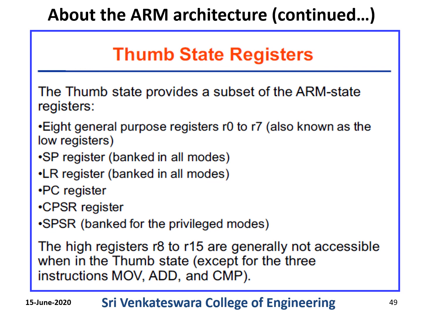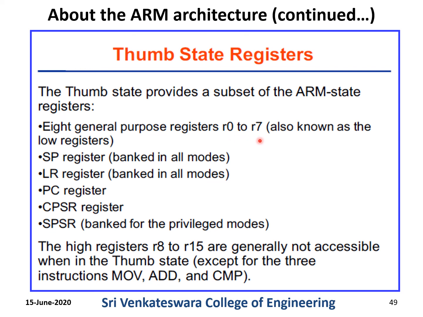Now let us see some additional information about thumb state registers. Thumb state provides a subset of ARM state registers. Here the 8 general purpose registers R0 to R7, which are also called low registers, are used in thumb state.